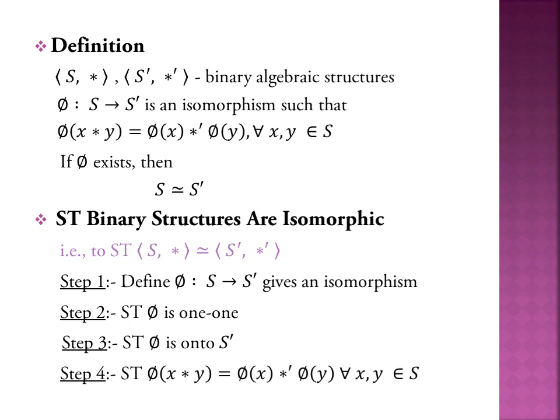And the final step, step 4: show that phi of x star y equals phi of x star' phi of y for all x, y belongs to S. As I mentioned earlier, this is called the homomorphism property; we only need to show that the left hand side and right hand side are the same.